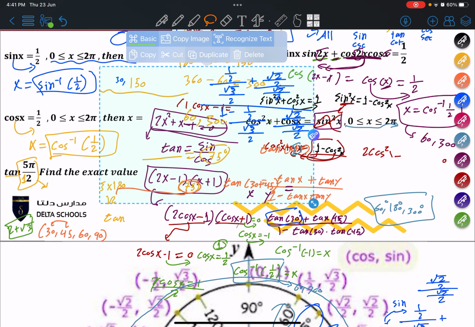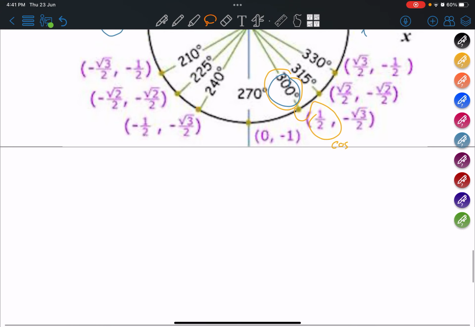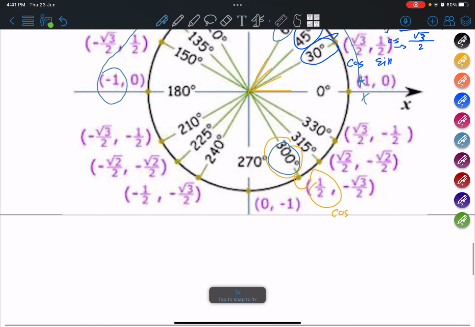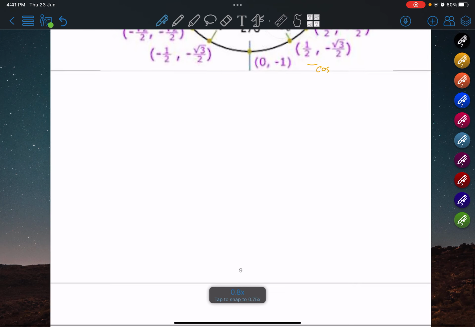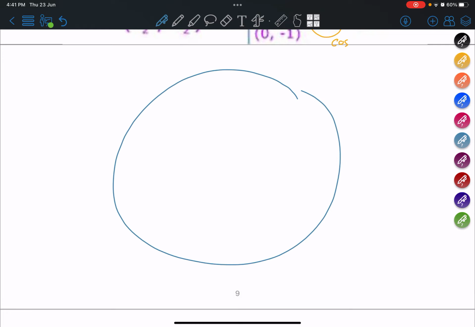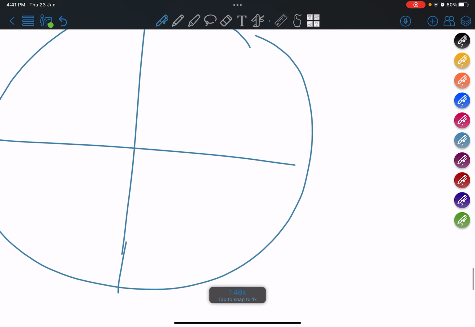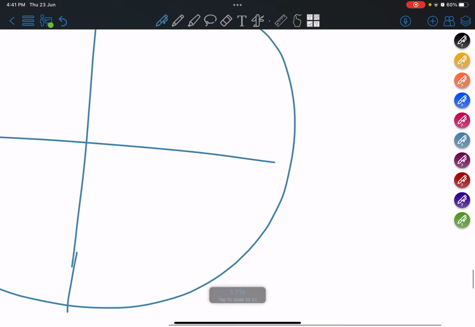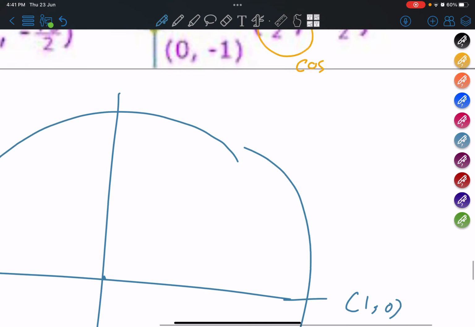Okay, let's just get these back together. Now in case we don't have a unit circle and you don't know how to get a cosine, we can use a very simple trick. We know that a unit circle is going to be divided like this. And if we just use simple graphing skills, we will know that if this was 0, this will be 1, and y will still be 0 because we didn't write anything.